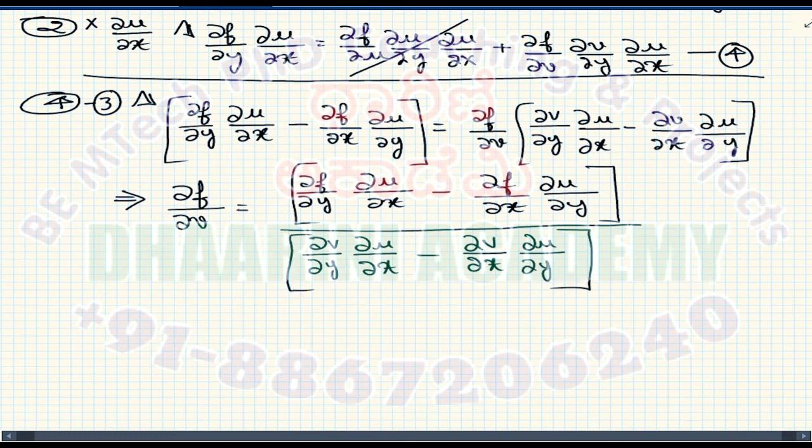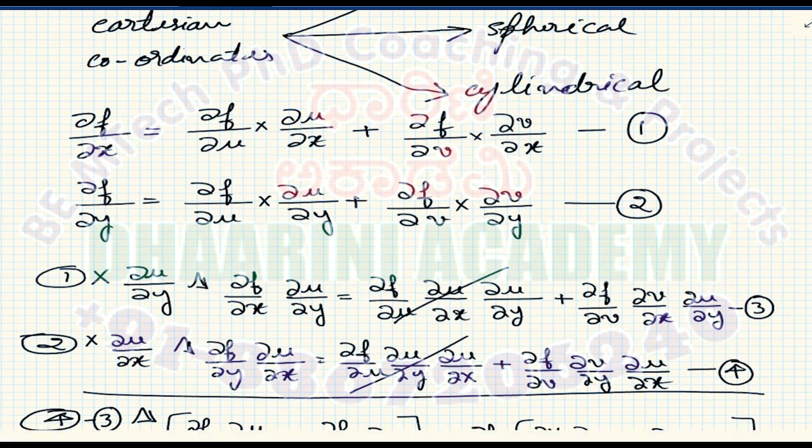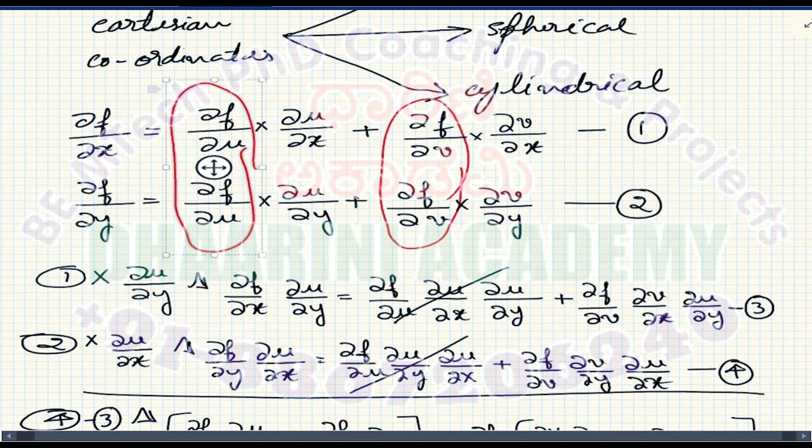So we can see that in equations 1 and 2, I told initially that my intention is to find ∂f/∂u and ∂f/∂v one by one.